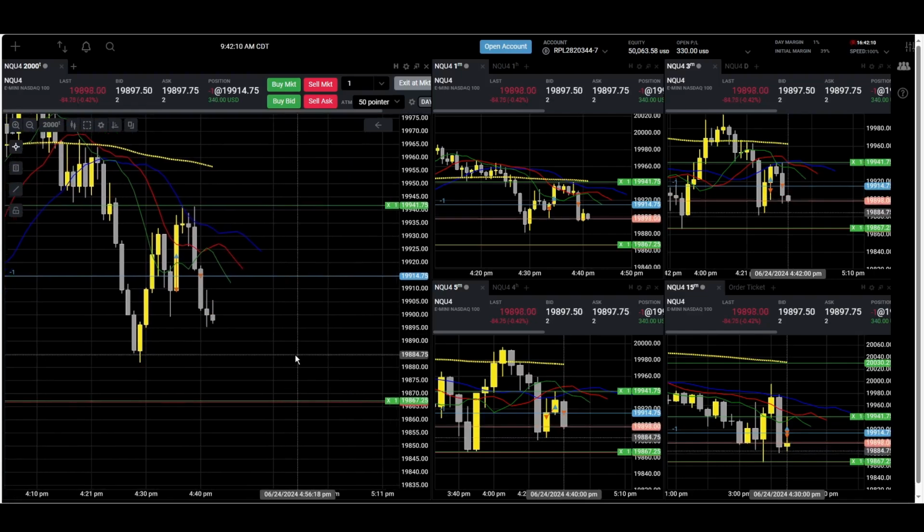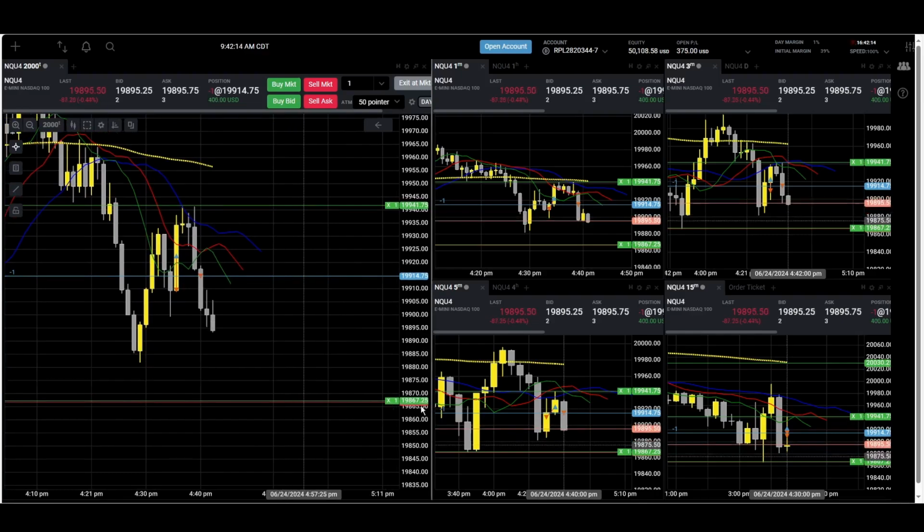So there's a higher probability that that's the area where the price will go. But actually right now, as I want 60 plus moves, I might just want to go lower with this one.